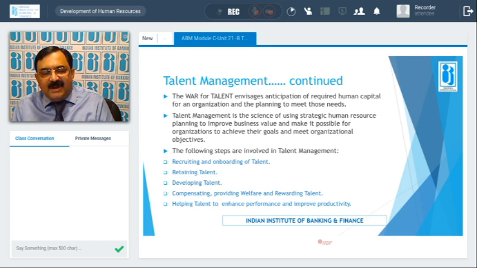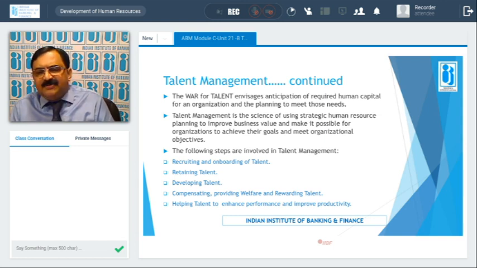So we need to create a congenial atmosphere, a challenging atmosphere, an empowering atmosphere to ensure that the talent is retained. As part of retaining the talent, we need to look at developing the talent in terms of learning and development, providing a much more empowering and challenging work environment, and motivate the talent to continuously improve the performance and be very result oriented so that the benefits of the profits will actually happen.